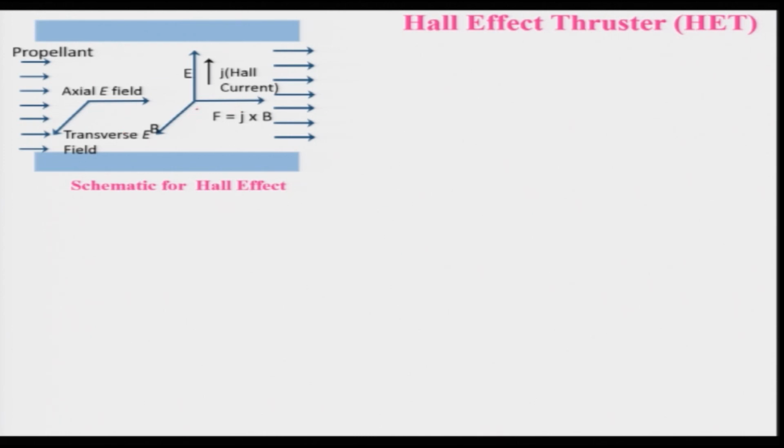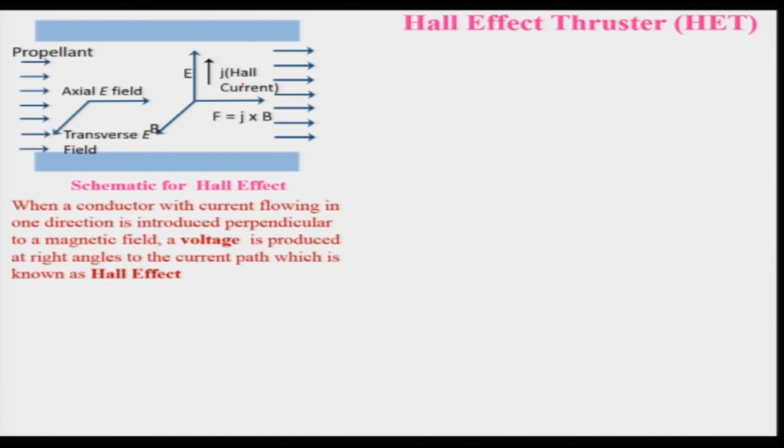It is subjected to the electric field E, and it is also perpendicular to the magnetic field, and there will be a current passing through that is known as the Hall current, and the force will be a product of J into B.